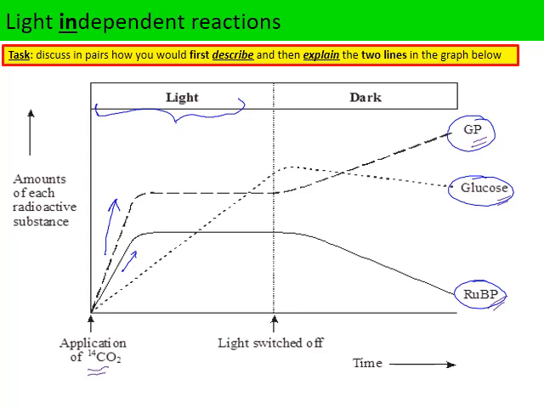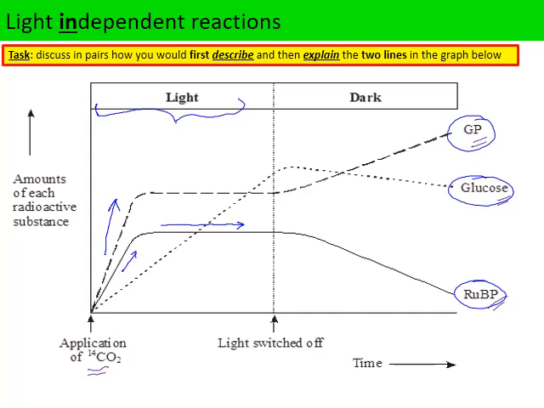Now eventually all the carbon in ribulose bisphosphate will contain radioactive carbon. So that's why the relative amounts of radioactivity remains constant in the ribulose bisphosphate, because all the 5 carbons in each of these RuBP, ribulose bisphosphate molecules, is radioactive carbon.